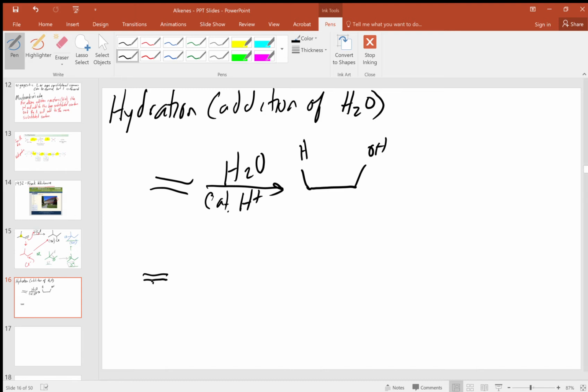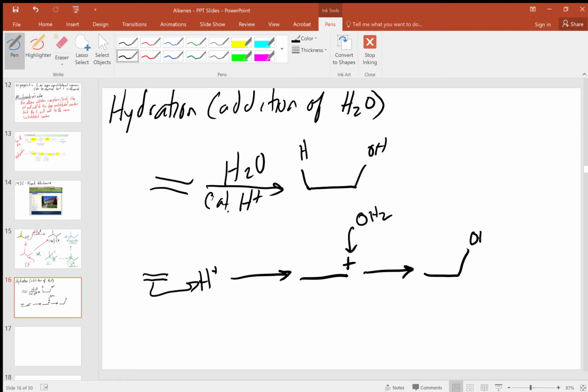So the catalytic acid is what gets attacked by the alkene. That forms a carbocation. The nucleophile now is not a halogen, but is instead water, which the lone pair on water can attack the carbocation, which gives us this intermediate, which loses a proton to form the product.